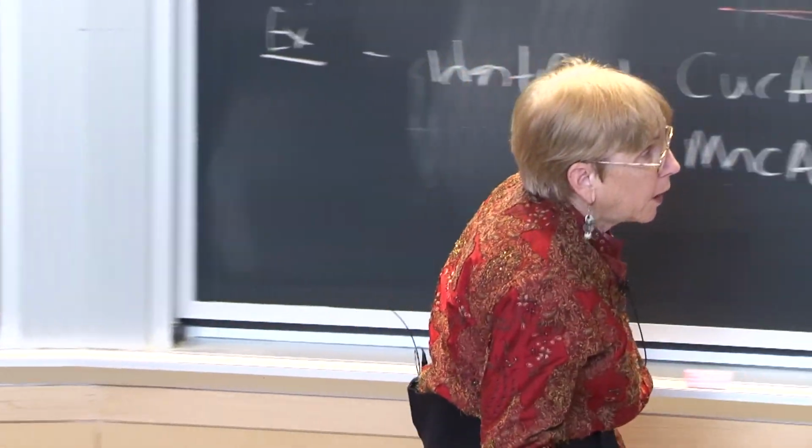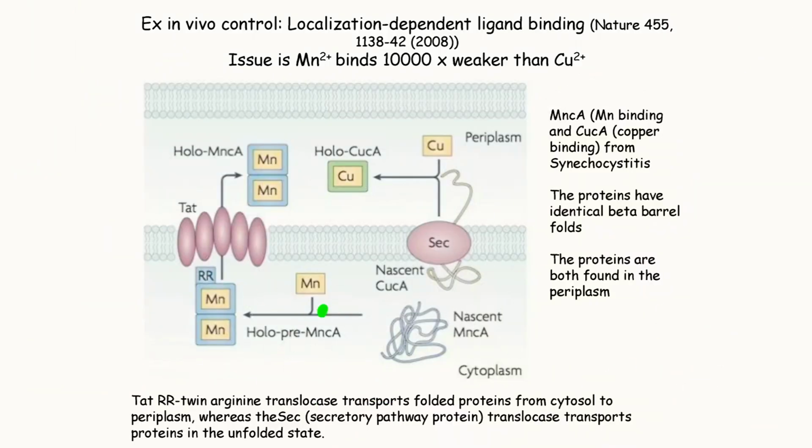So what happens is this protein folds in the cytosol of the cell, comes off the ribosome, it picks up the manganese and folds. Okay, but its location is in the periplasm. How does it get to the periplasm? There are two ways you can get proteins from the cytosol to the periplasm.